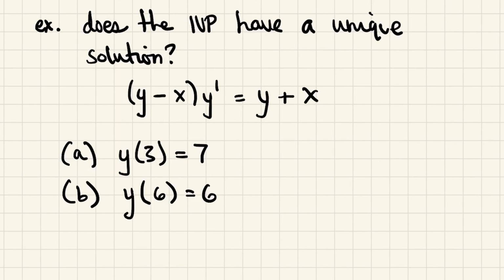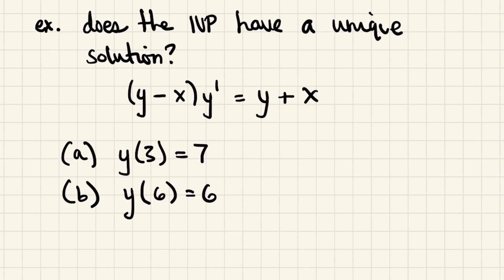All right, so for our last example, we're given actually 2 initial value problems. We have the same differential equation and then just 2 separate initial conditions. And we're asked to determine whether or not each initial value problem has a unique solution. So most of the work we're going to do before we even look at the A or B part here.